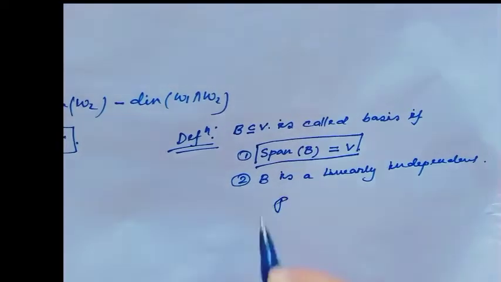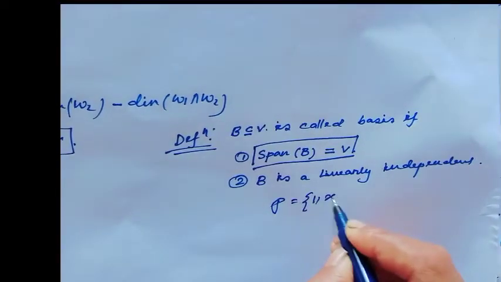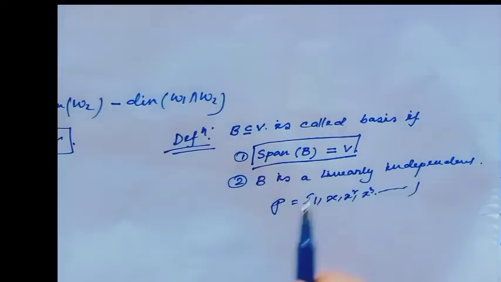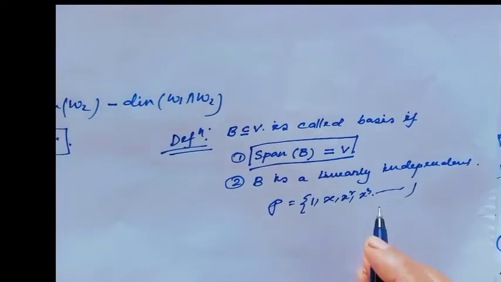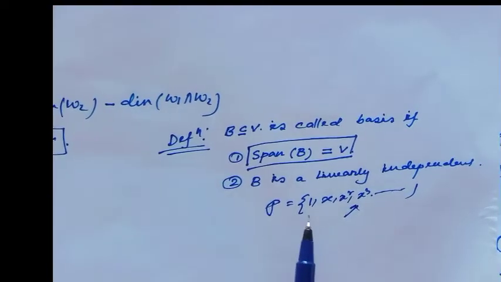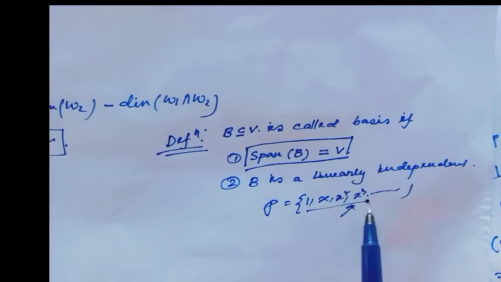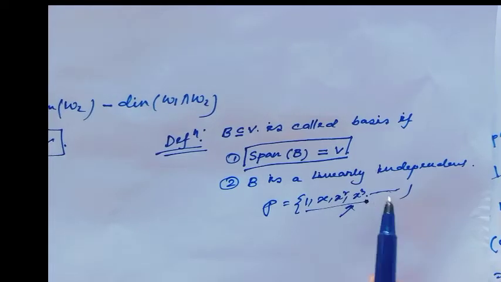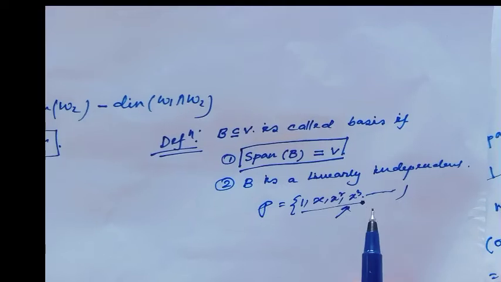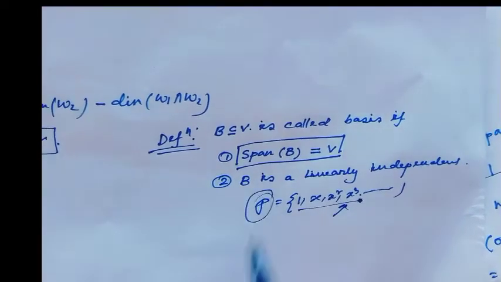As for example, consider polynomials, and the set 1, x, x squared, x cube, and so on would be the basis of the set of polynomials, and this is actually the standard basis because any polynomial can be generated by a finite collection of this set. Also, all of us know this set, a few minutes ago I have shown this set is linearly independent. So this is the standard basis of polynomials.